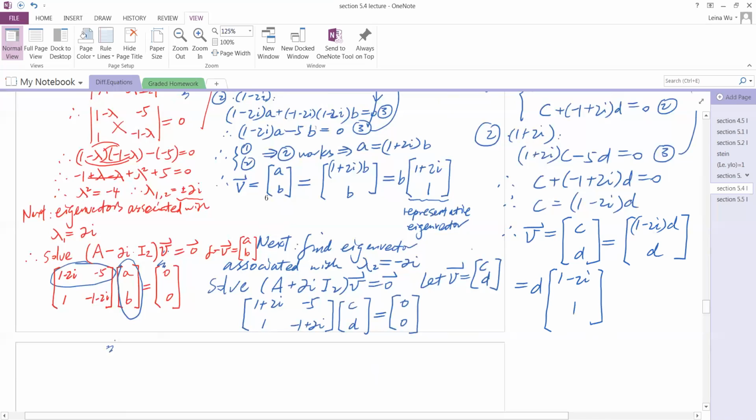Okay, Eric, this is similar to what you just guessed: 1 plus 2i, replace that by 1 minus 2i. So I can say this will be my representative eigenvector v2. I'm going to call the original one over here v1. Any questions so far, folks?